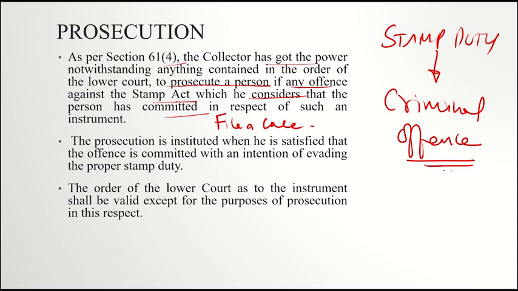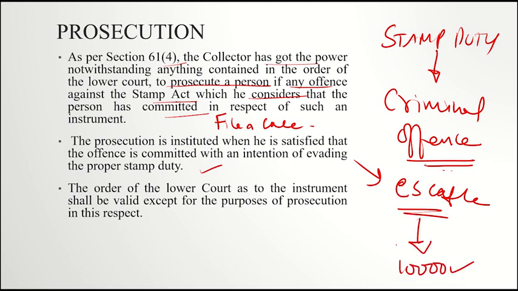The prosecution is instituted when he is satisfied that the offense is committed with an intention of evading, that is, if you want to escape from paying stamp duty. So if you are evading, if you are escaping, then you will be prosecuted and you will be punished.